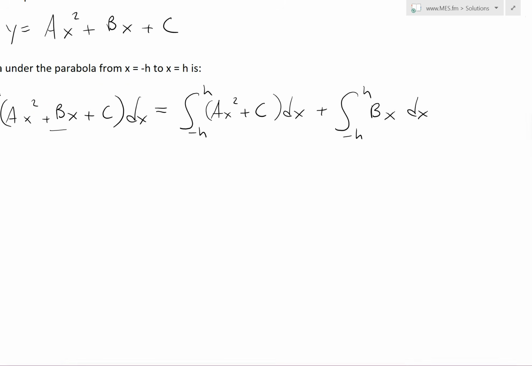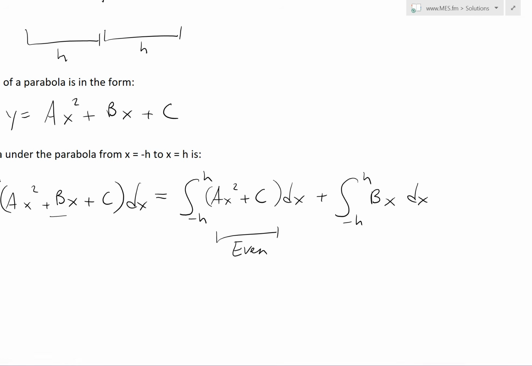Now this first one is an even function, like I explained earlier. You can also see my video on even and odd functions. If you look at how this looks, something like this, where this is always positive underneath the curve. This is y, this is our x.